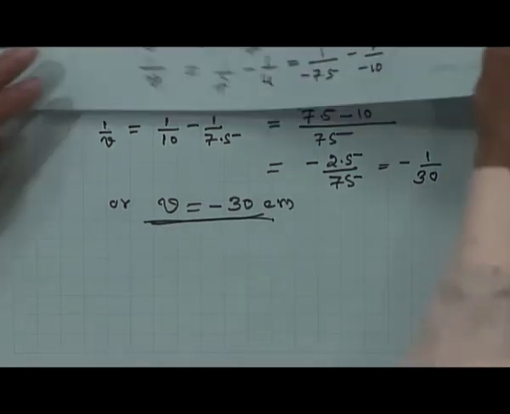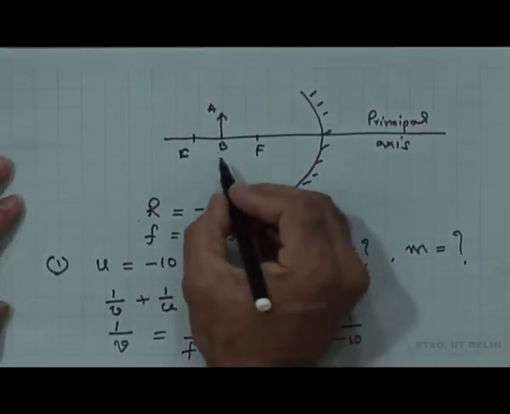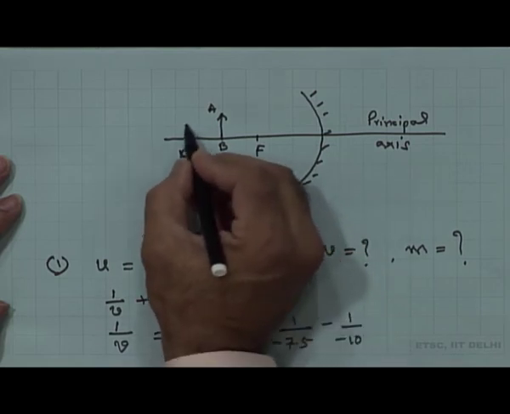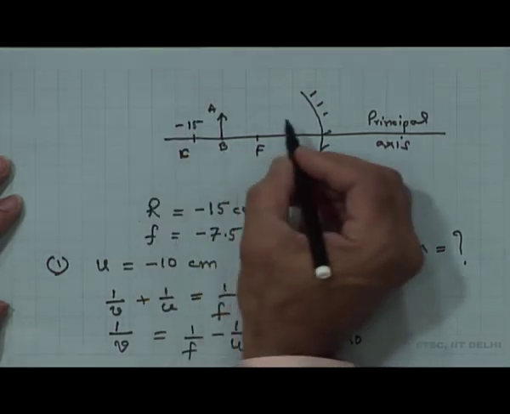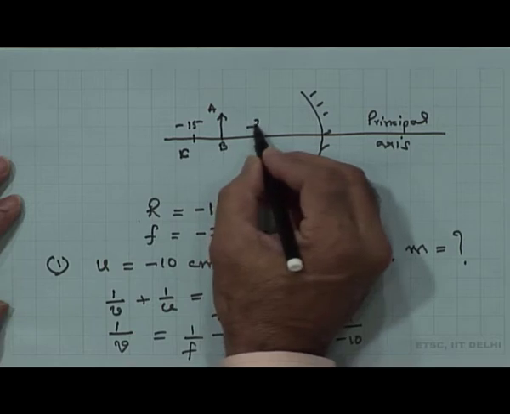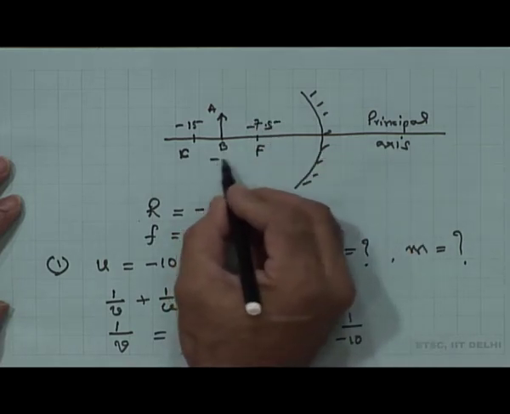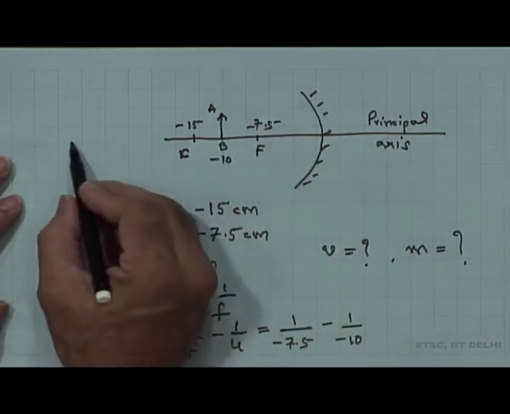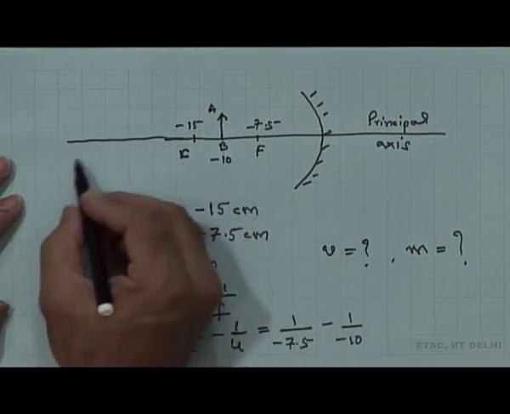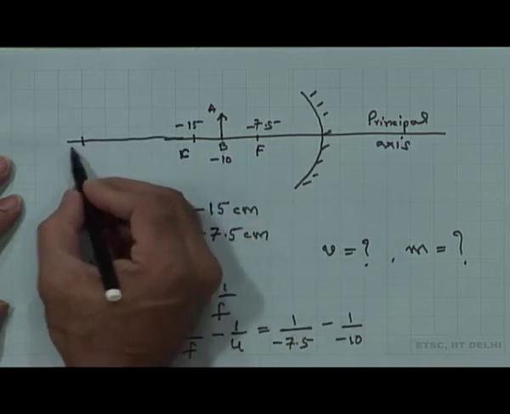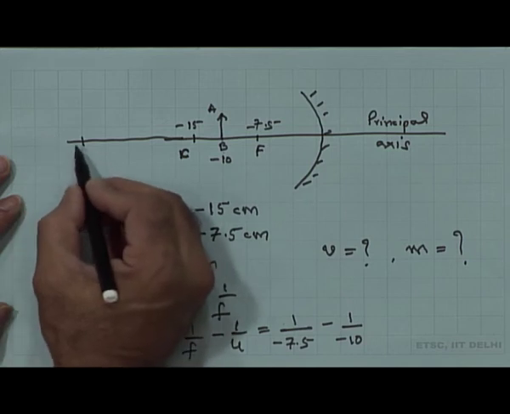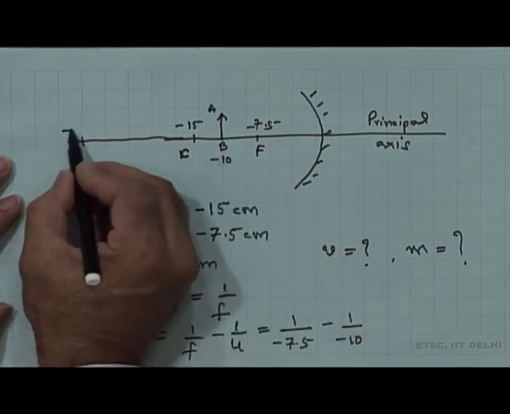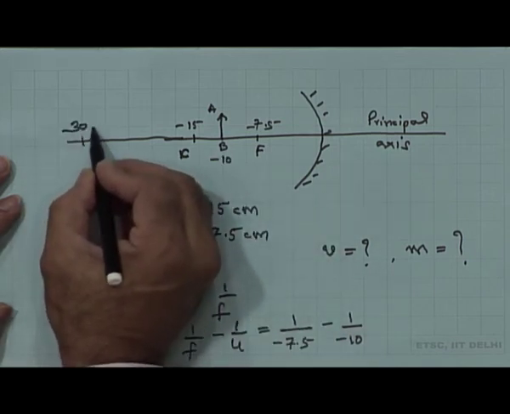So, what does this mean? If I keep this, this was at 15 centimeters minus, this is minus 7.5, this is minus 10, which means the image is formed at a distance here, so the A dash B dash, the image distance is minus 30 centimeters.